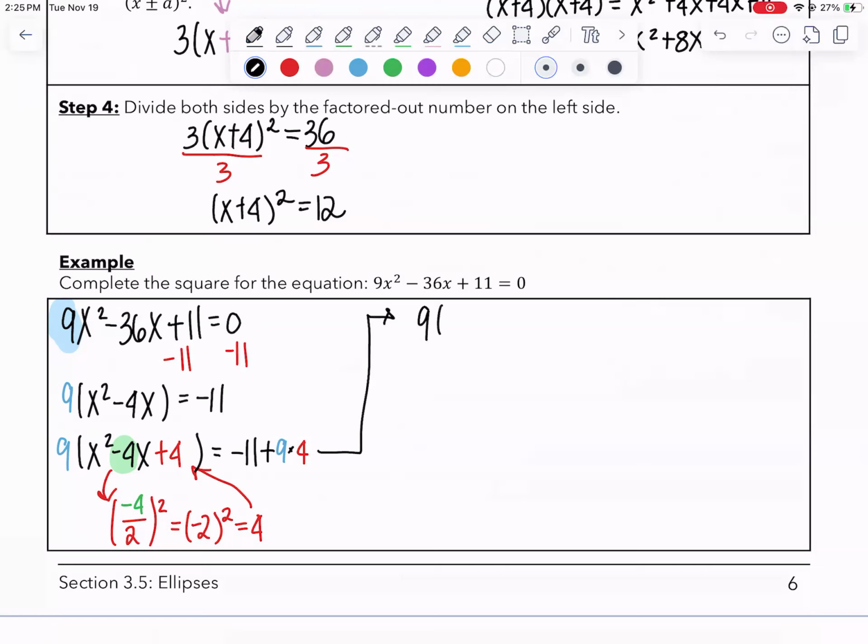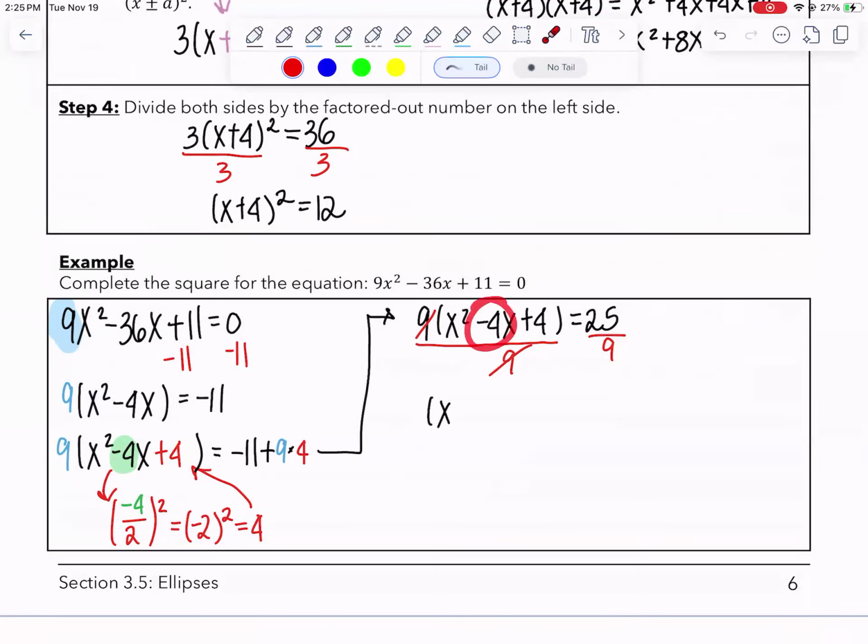So we have 9 times x squared minus 4x plus 4 is equal to negative 11 plus 36, which is 25. I'm doing 2 steps at once. I'm going to divide both sides by 9 to get rid of the 9 out front. And then I'm going to factor this guy. Half of negative 4 is negative 2, so this will be x minus 2, quantity squared, is equal to 25 over 9. And there it is.